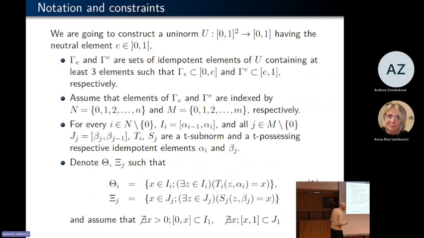And this is probably not correctly written. This denotes that when we are near 0, no interval contains a minimum when we construct this t-subnorm part, and also when we are near 1, no interval contains a maximum in this t-conorm part. This will be important.